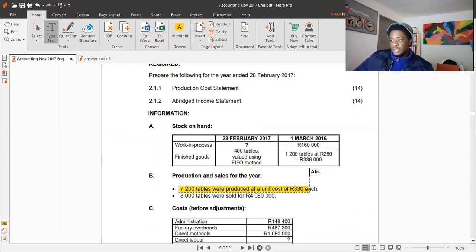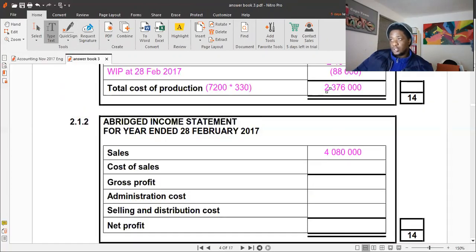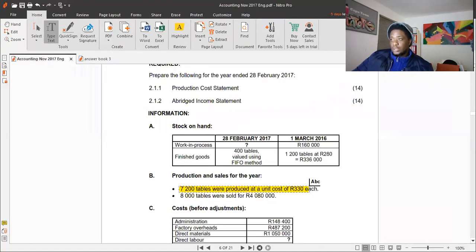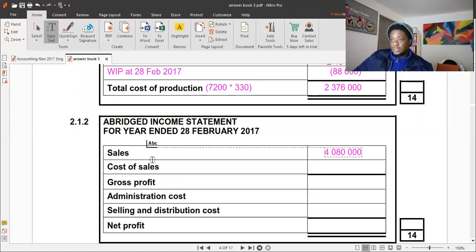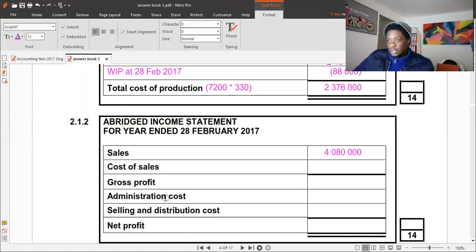It's 336,000, and then the purchases is obviously the total cost of production. So the opening stock would be 336,000, and then we would say plus 2,376,000, and then we'd have to subtract the closing stock.